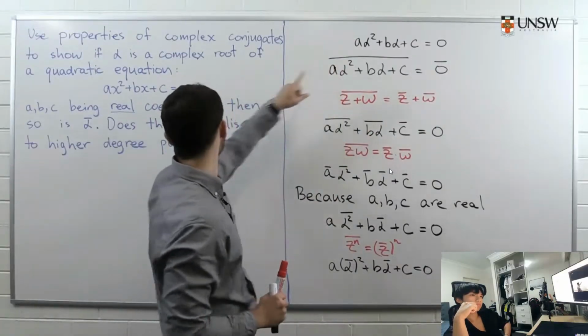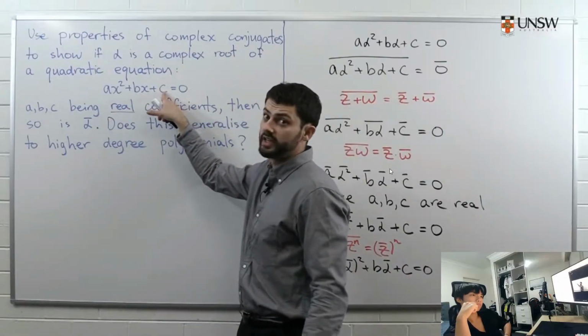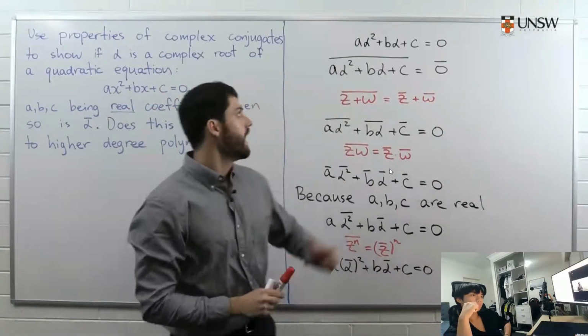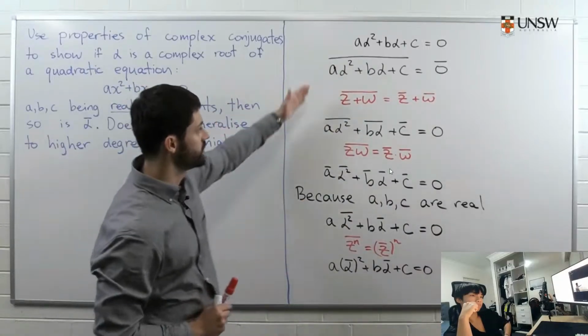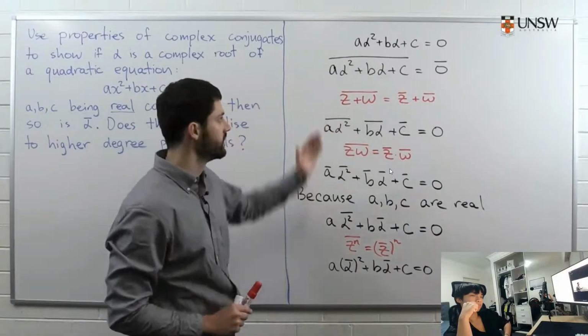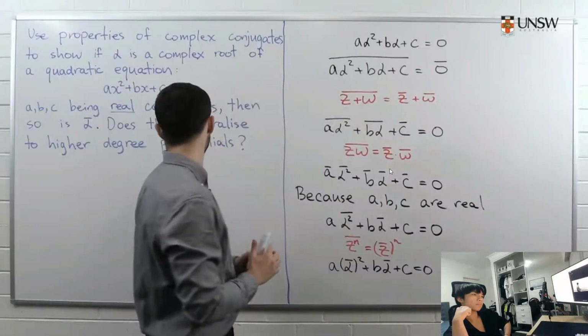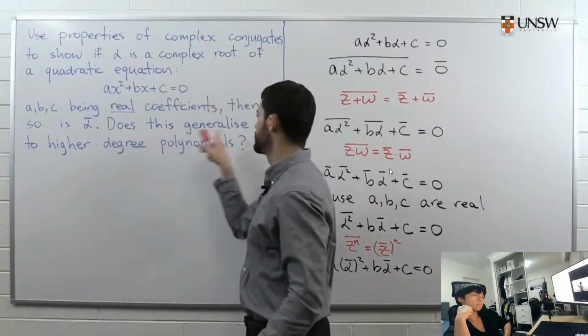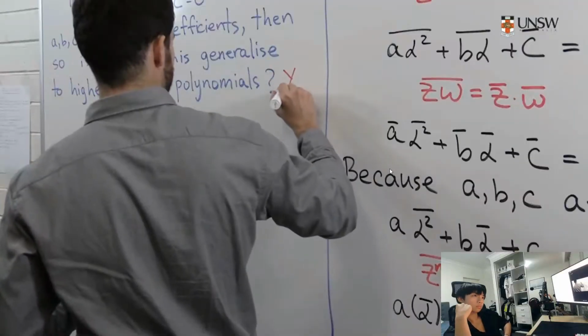We could have easily had ax cubed plus bx squared plus cx plus d equals 0, and this proof would have worked exactly the same. Nothing would have changed. We would have used exactly the same rules in exactly the same order and come to exactly the same conclusion. So the answer to this question, does this generalize, is a big yes.